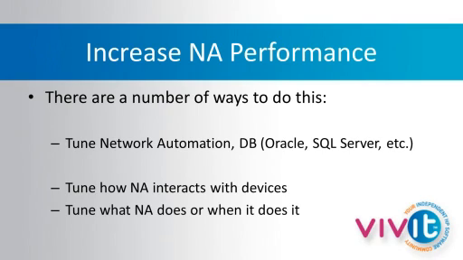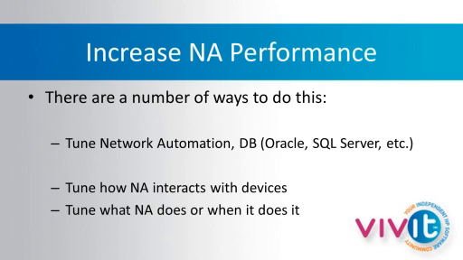First and foremost, you can tune the configuration of network automation and the associated database. Although we really won't spend much time actually talking about the database itself, we'll leave that for the DBAs. But we will talk about a couple items.